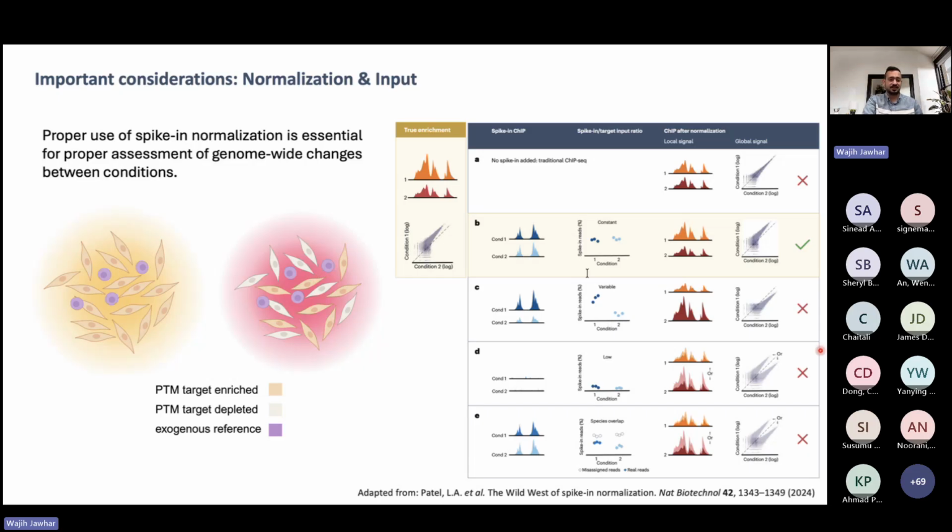Regardless of your setup, it's quite often that the cells will have a bit of a heterogeneous response, especially if you're working with a pool of cells. So in the absence of the spike-in, and because our protocols are all based on enrichment, we might not be able to detect actual changes. Again, because ChIP-seq and the immunocleavage-based assays all rely on an enrichment process.